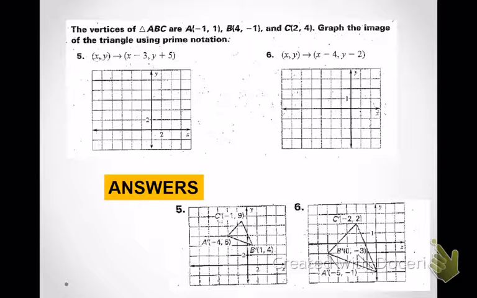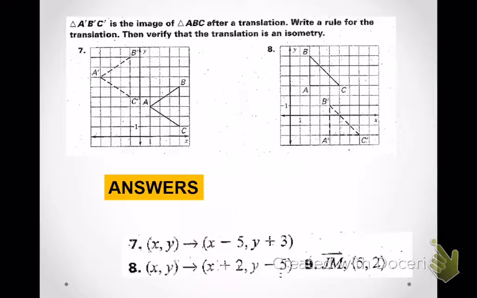Anybody need to review that? All right, and then we've got this, which is asking you what the translation was. You just count points. Like on 7, you're going from A to A prime, so you go left 1, 2, 3, 4, 5. So that's going to be x minus 5, and then you go up 3. That's y plus 3.